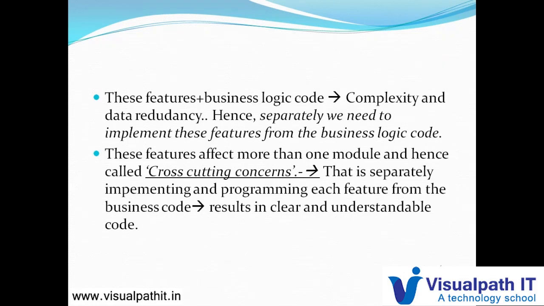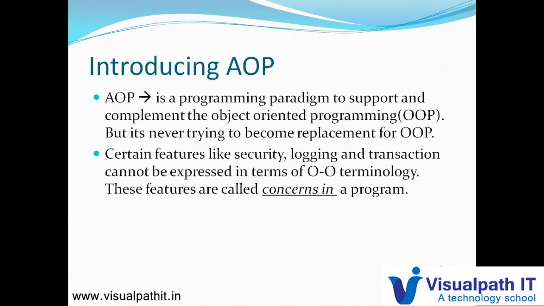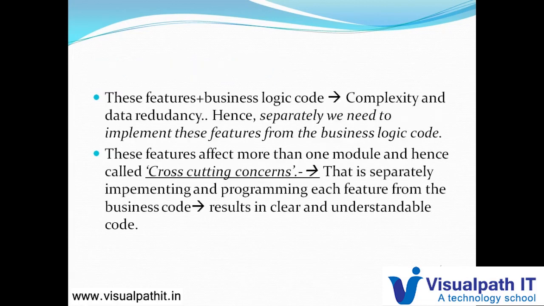Overall, these are the advantages of aspect-oriented programming. First, it reduces the data redundancy and complexity of the code, improves the logical modularity, and makes the code clearly understandable because we implement the features and the business logic code separately.